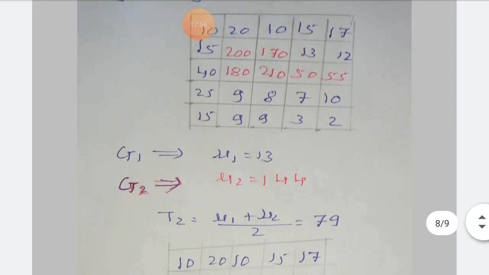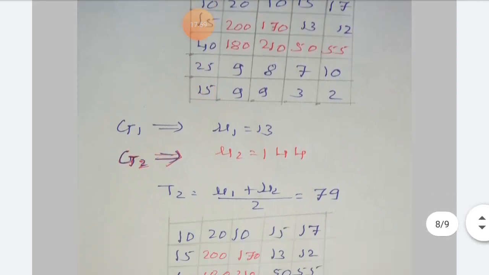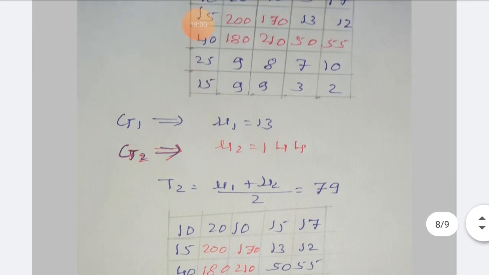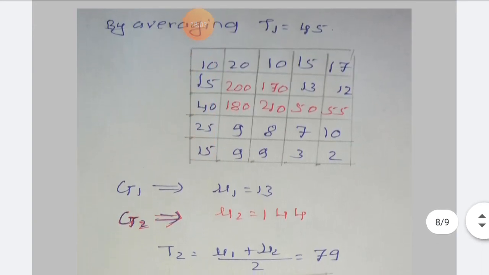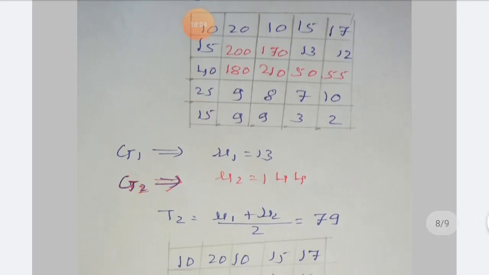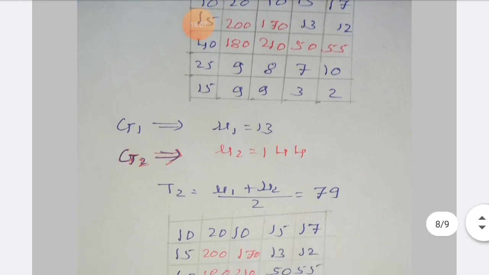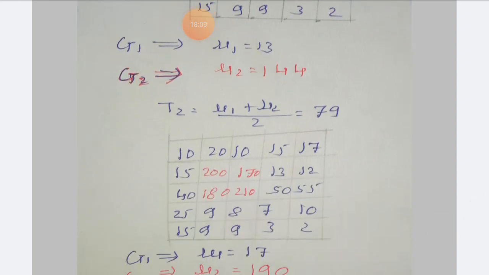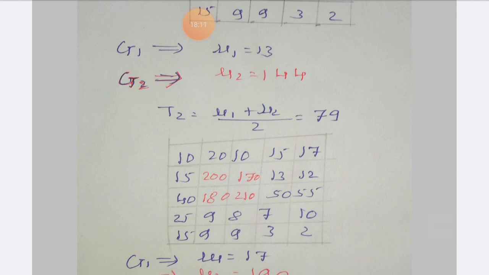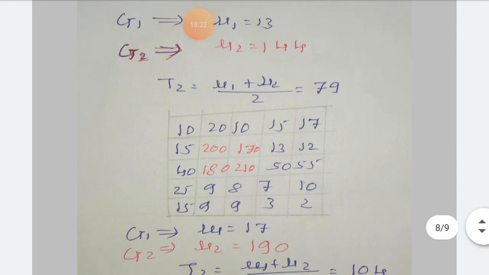Now there is a change in this image compared to the previous one, because the previous threshold value was 45. That's why 50 and 55 belonged to G2 before, and now they belong to the background. So only 4 pixels remain in red as G2 and the others are part of background G1.